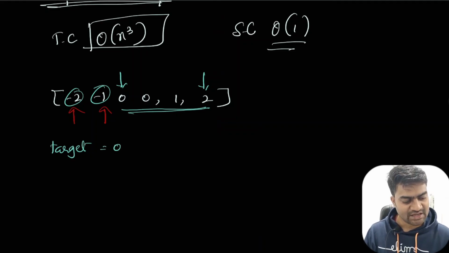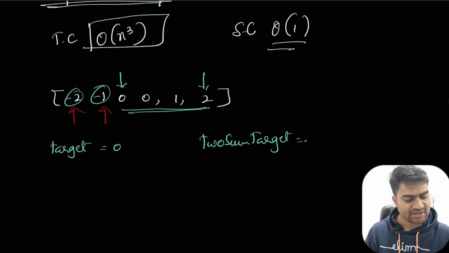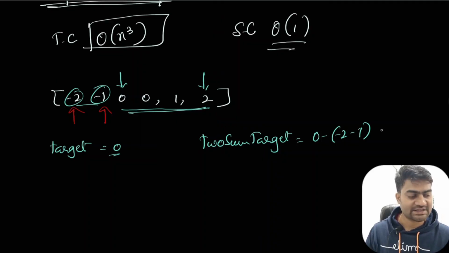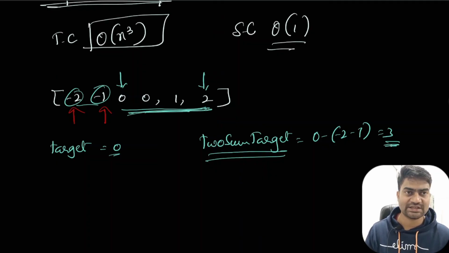Then my two-sum target will be this target minus these two numbers. So it is 0 minus of minus 2 minus 1, which becomes minus 3, and it becomes 3. So two-sum target will be 3.